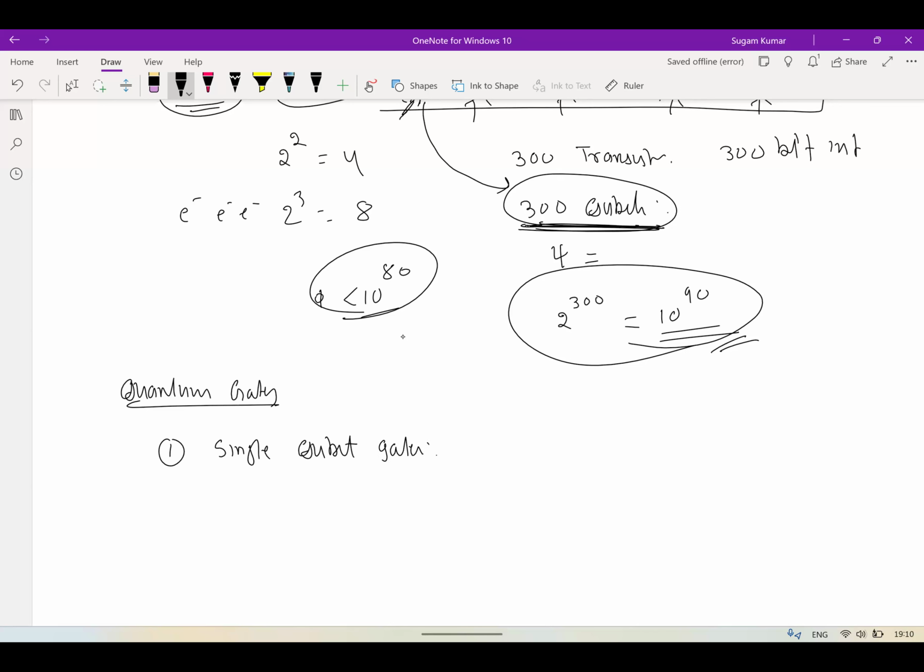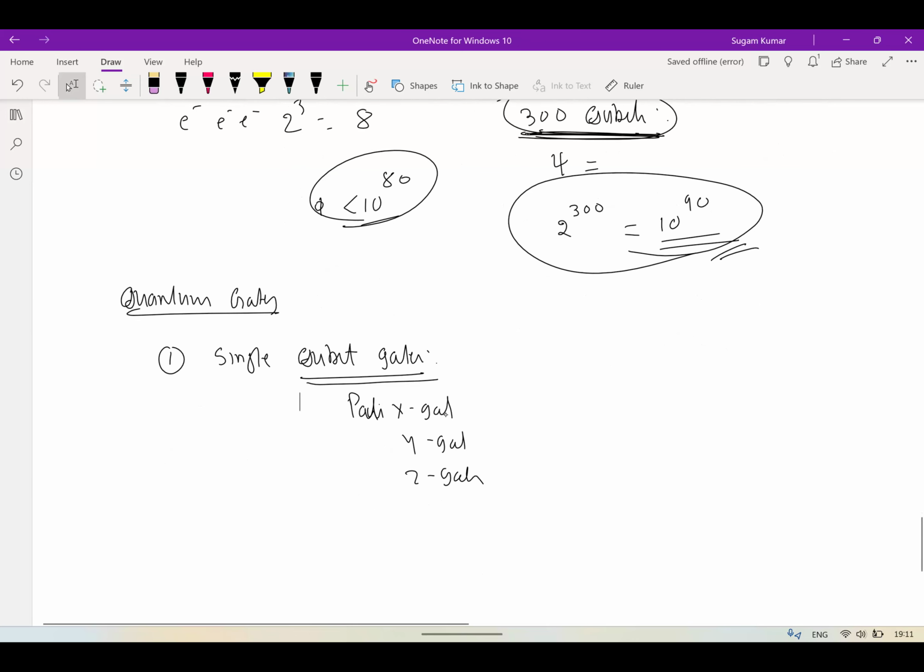The most popular single qubit gates are the Pauli X gate, Y gate, Z gate, and so on. There are many. I will not only discuss how to represent them mathematically, but also try to help you understand how to create these gates.